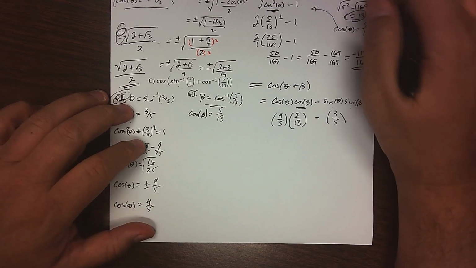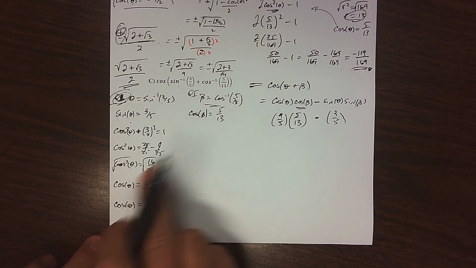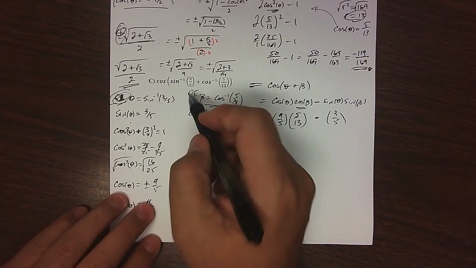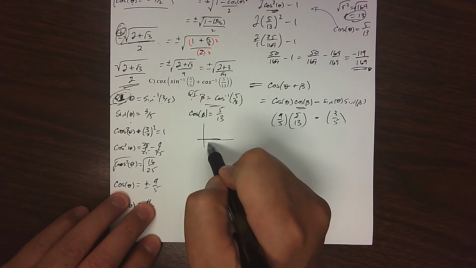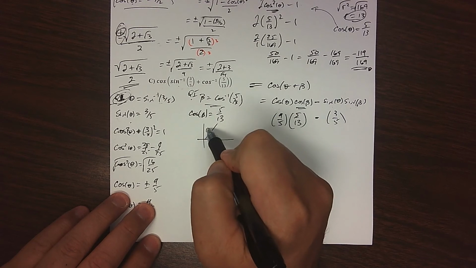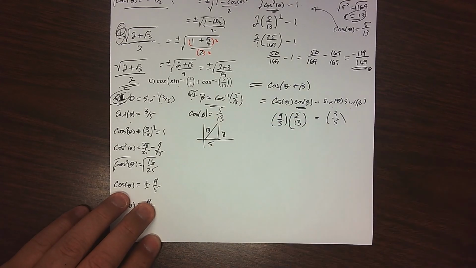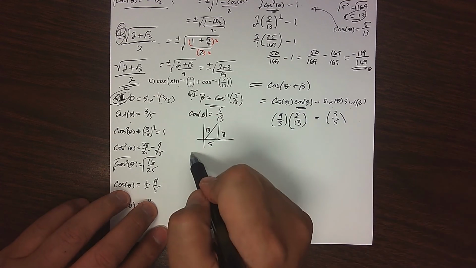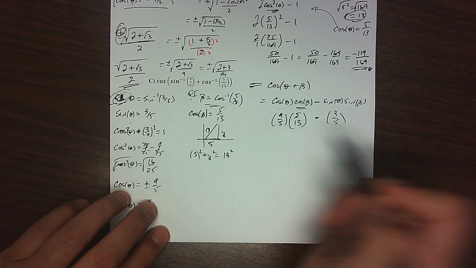So we've used XYR definitions up above, and I used trig identities here. How about I use a right triangle here? We're in quad 1, and my cosine has a 5 and a 13, so we just need to find that y value. Using my Pythagorean identity, 5 squared plus y squared equals 13 squared.